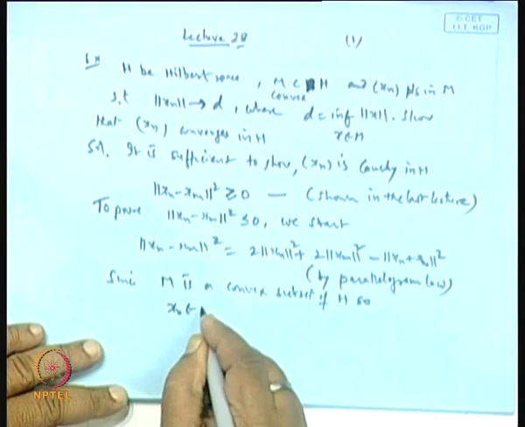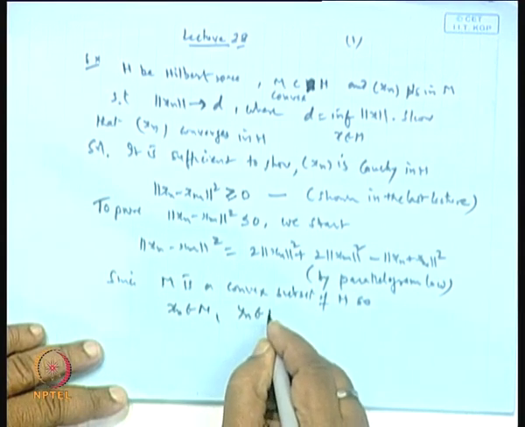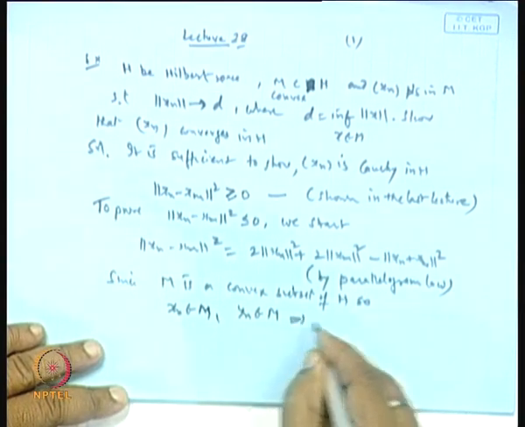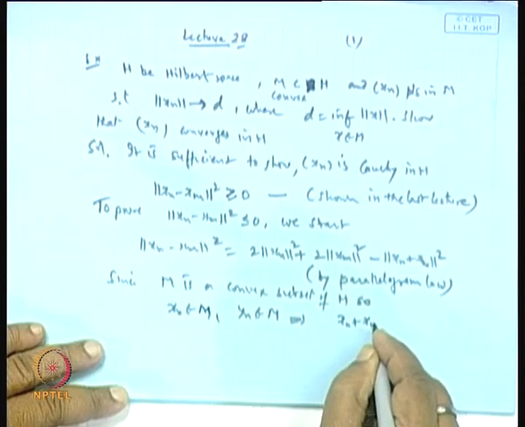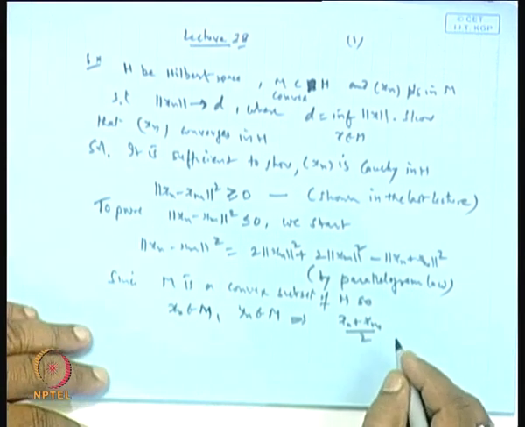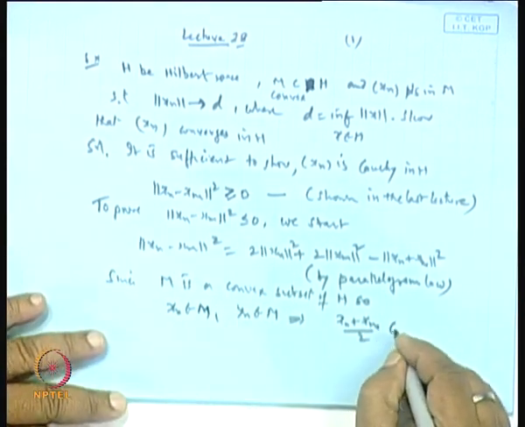That is, if x_n belongs to M and x_m belongs to M, then the point (x_n plus x_m)/2, which is the midpoint of the line segment, must also be a point of M.